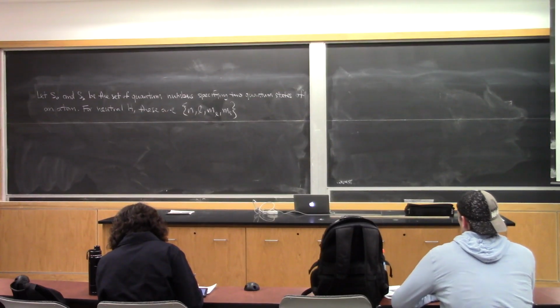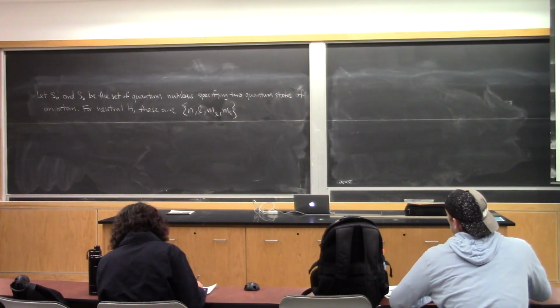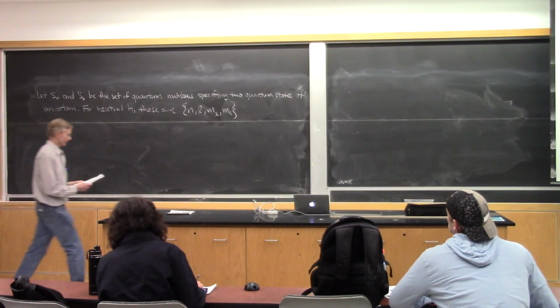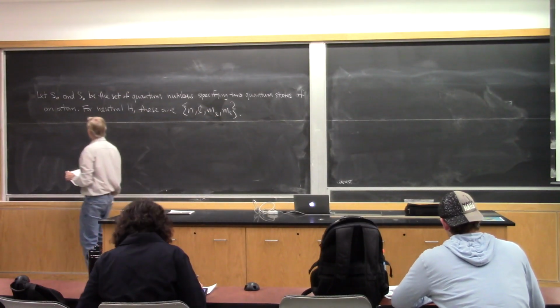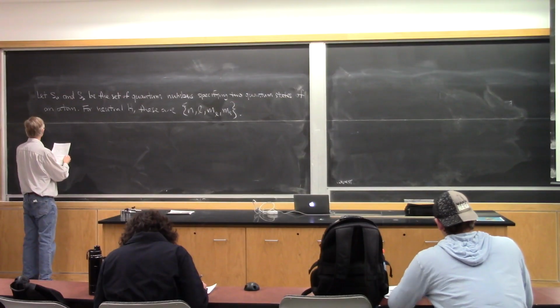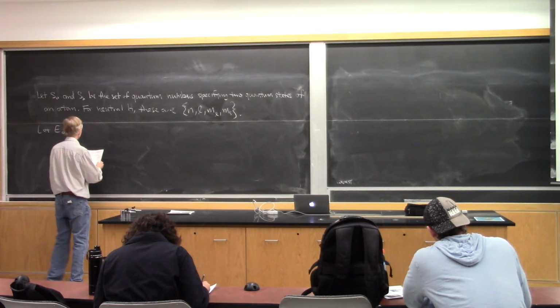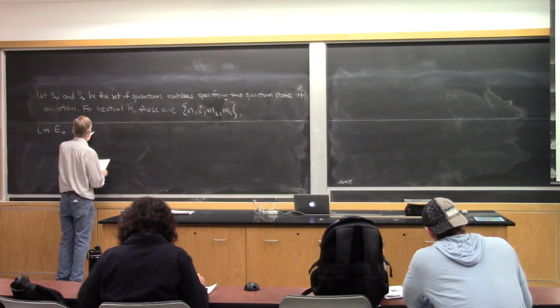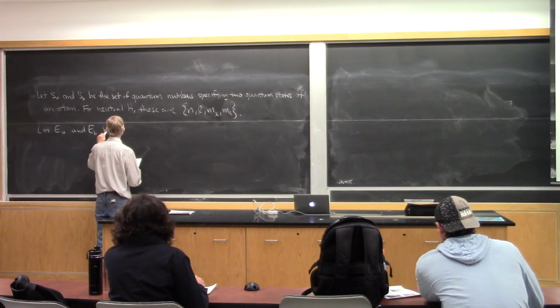For different elements, you'd have a different list, but for hydrogen, which is a very important element, that would be the deal. Now, we'll let E sub A and E sub B be the energies of the two states.